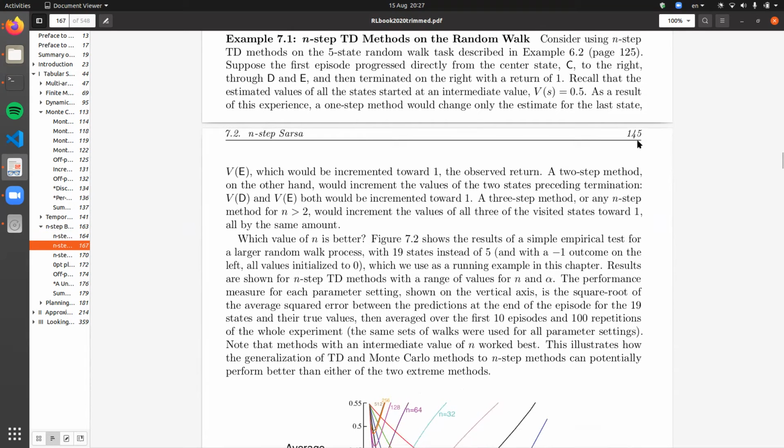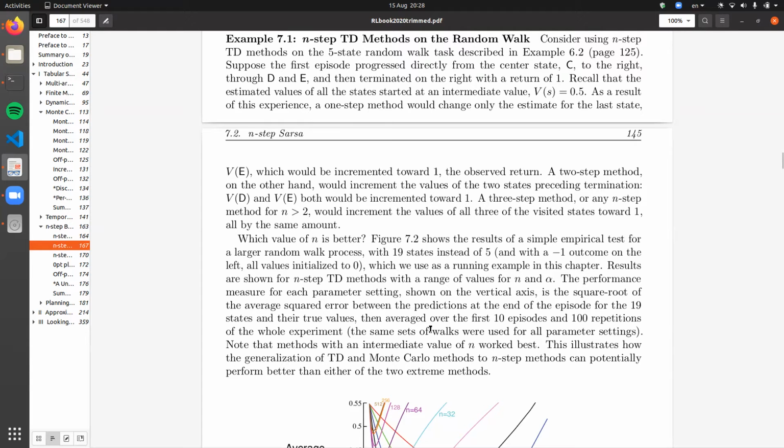Okay, so now let's look in more detail through this example. The problem formulation is very similar to what we saw in chapter 6, which is a Markov reward process. We don't have any decisions here.